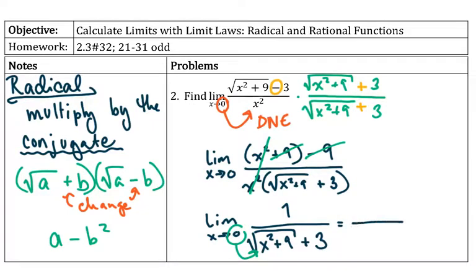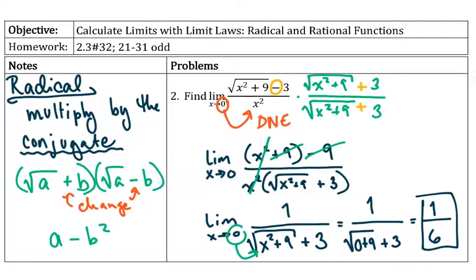We're going to end up with 1 over root of 0 plus 9, plus 3, which is 1 over root 9 plus 3, which is 3 plus 3, which is 6. So that's how we're going to use our conjugates when we see radical expressions where the denominator equals 0.